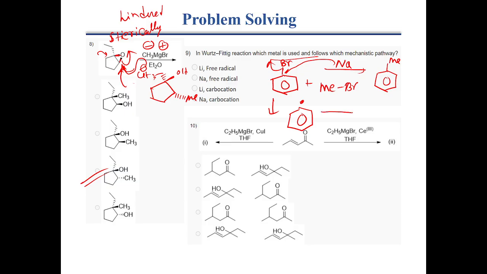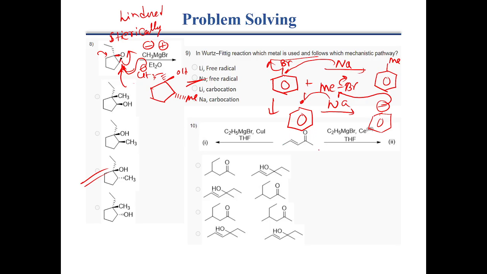Now this radical in presence of another sodium abstracts one single electron and forms the negative charge. This carbanion in presence of methyl bromide reacts with the methyl bromide, liberates the bromide ion and forms this aryl with alkyl coupling product. So it goes through a sodium radical and carbanion pathway.